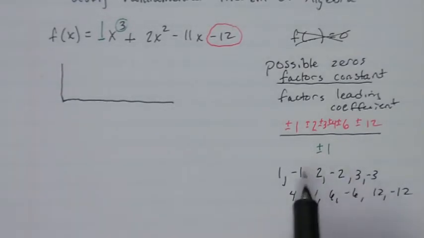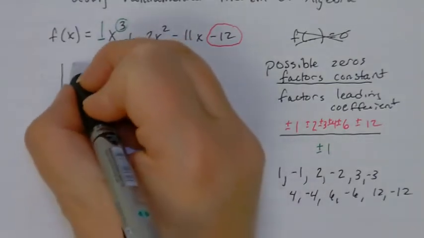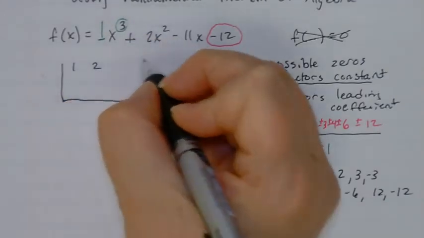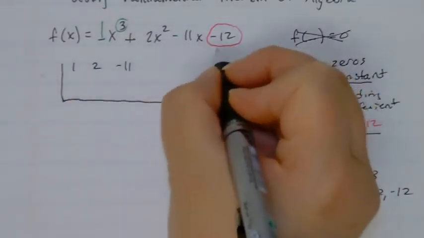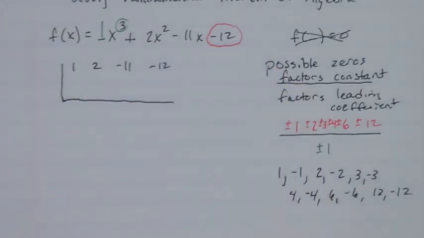So from this possible list of factors, I'm going to find at least one real 0. From this list, I'm going to choose one of these numbers and do guess and check. So synthetic division, I have 1, 2, negative 11, and negative 12. So I'm just going to start picking numbers and seeing if I can guess and check one of the zeros.